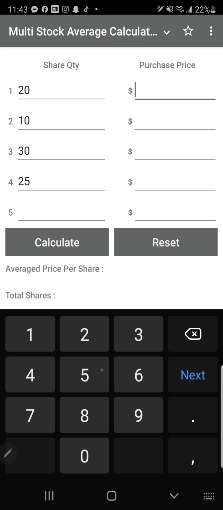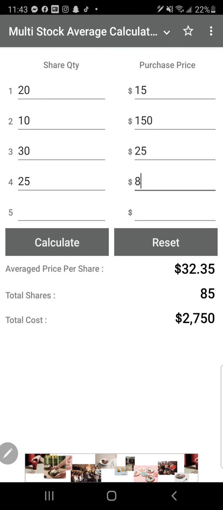So Twitter maybe was 15, Facebook was about 150, Pinterest I'll say 25, Snap probably 8. I'm just going to calculate it all.